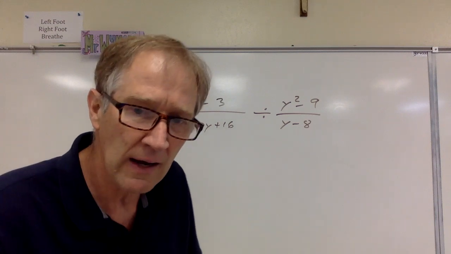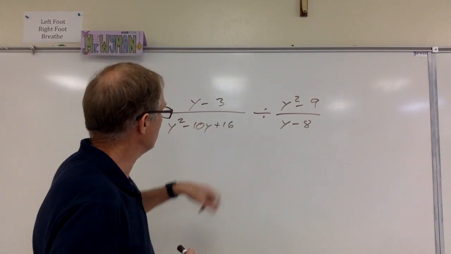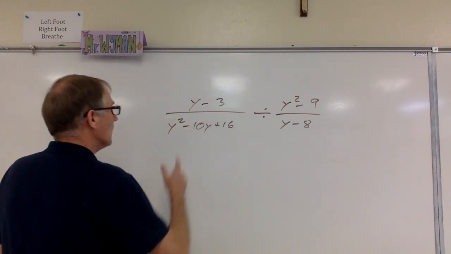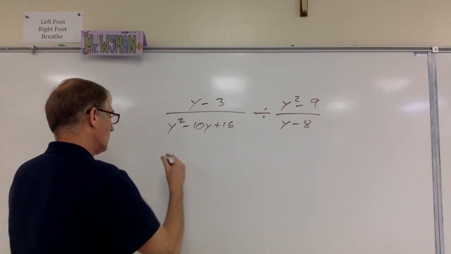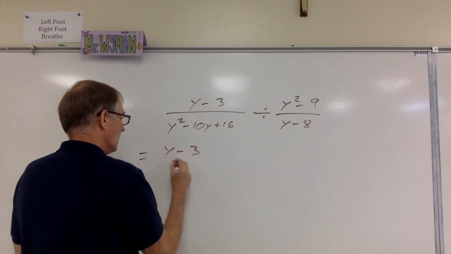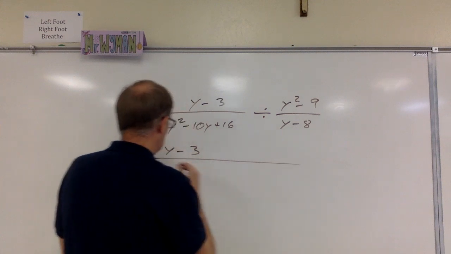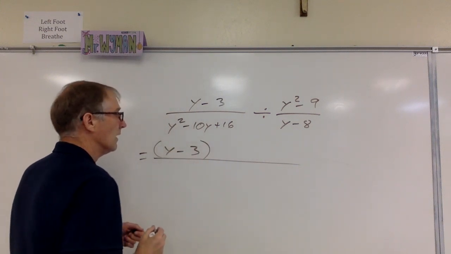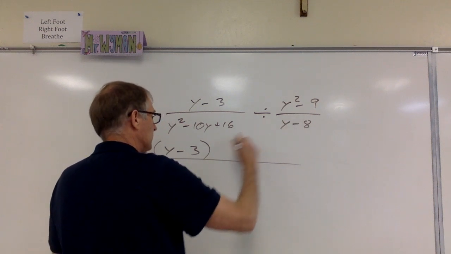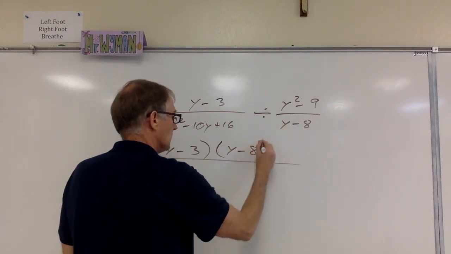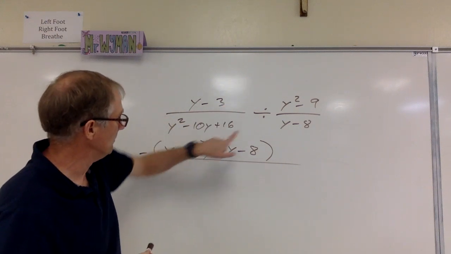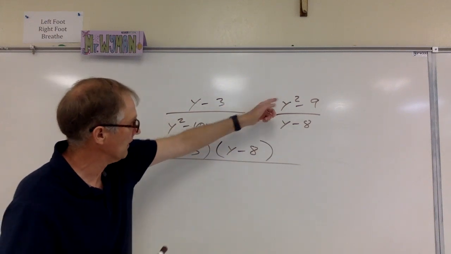Just to save a little time, I'm going to factor as I go. So the numerator is going to stay the same. This is going to equal y minus 3. And I can put all these things on the same line since I am going to flip that over and multiply. So here's my y minus 8. Okay, I flipped over and multiplied instead of divided.